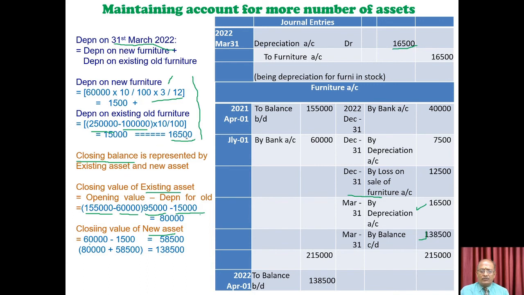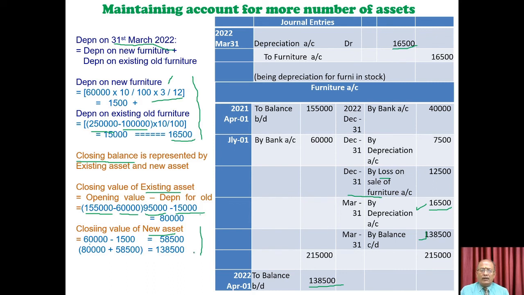So this 16,500 we show as depreciation, and the remaining balance we show as the balance carried down, and that will be shown as the closing balance, and it will be the opening balance for the next financial year. That is calculated as in this second working. So this is for your understanding.